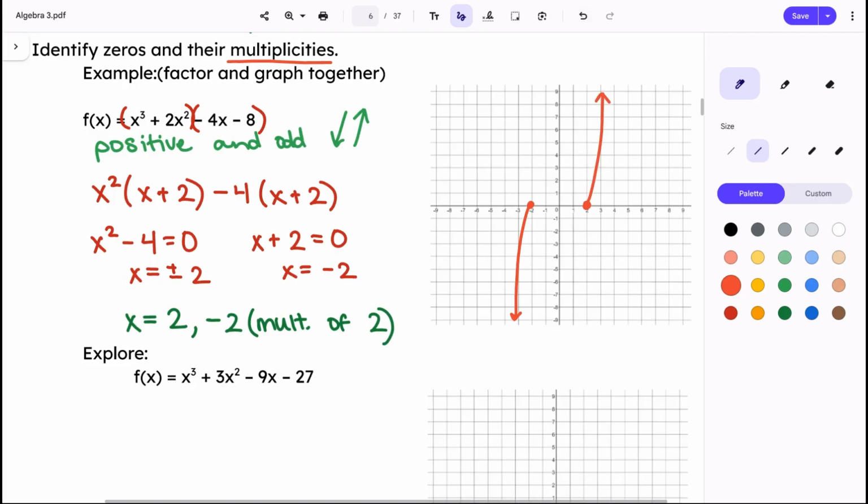Okay, and then the stuff in the middle, while we could go to our table, we could get some points to really see what it's doing, or I could put this on a graphing calculator or a graphing website. I'm not too concerned about it right now, but I do know that there's probably going to be some movement in there. So I'm just going to connect them by giving it a little swoop there in the middle to show what's happening.